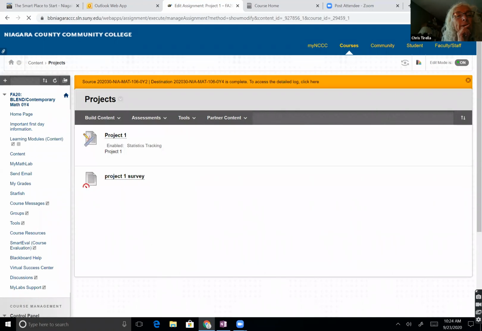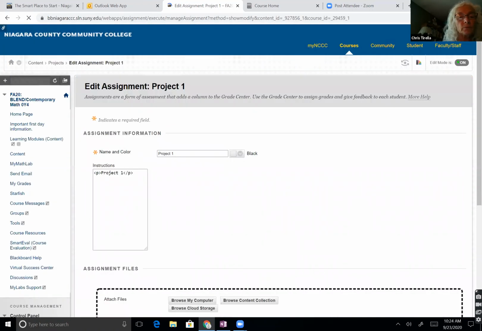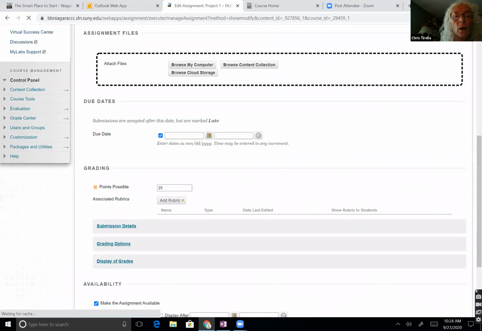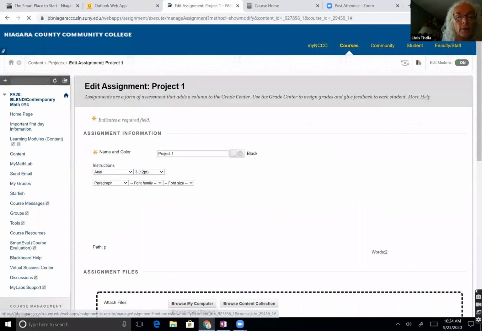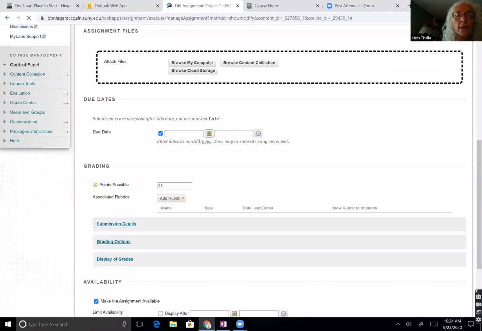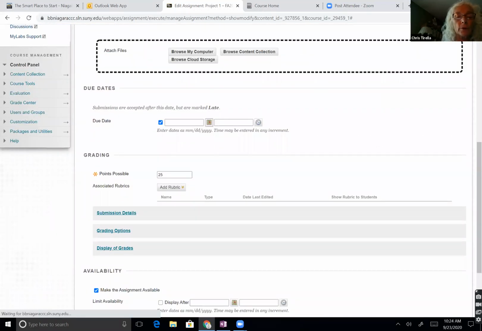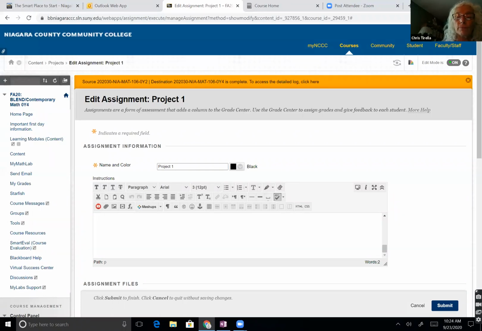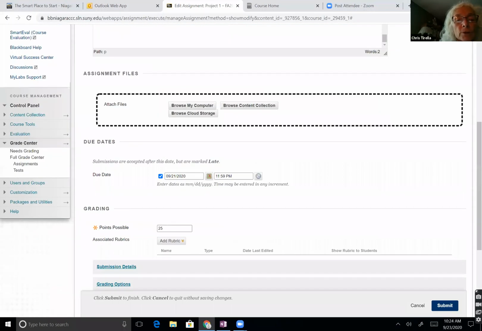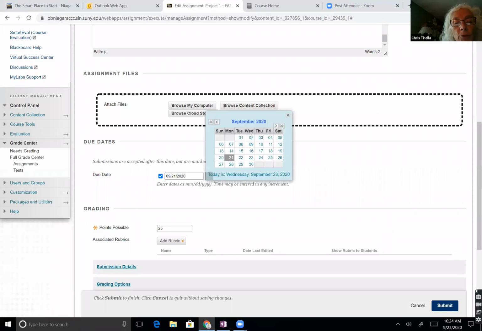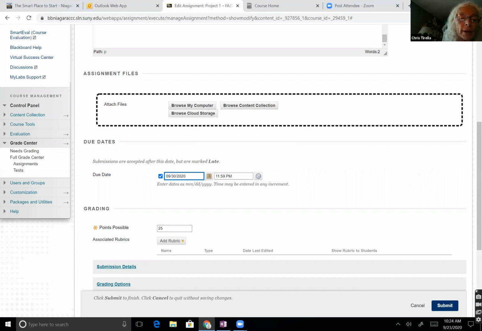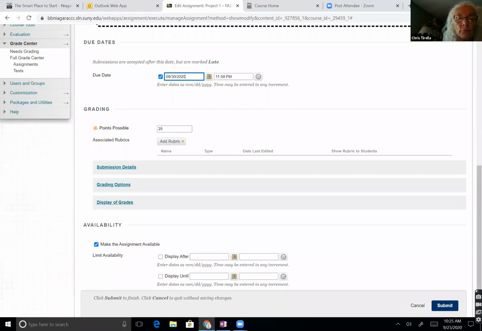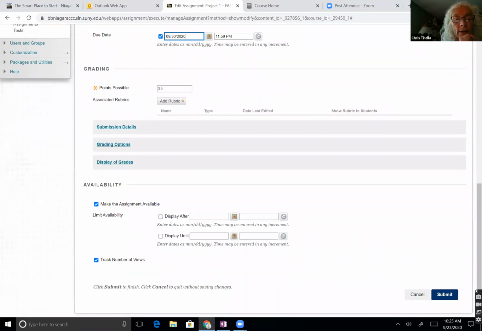Today's the 23rd, so it will be due on the 30th, giving you a week for it, by 11:59. It's out of 25 points, and it will go in the category as a project.